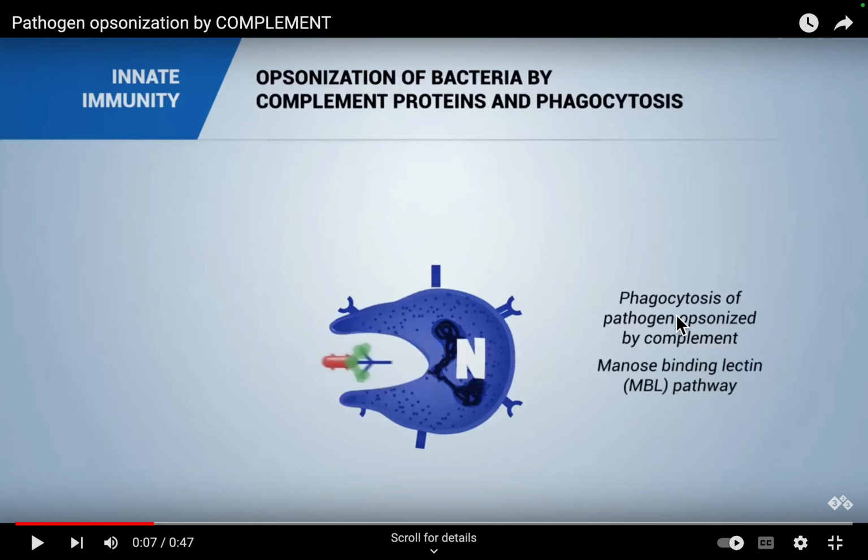So see, phagocytosis of pathogen opsonized by complement system. Basically, one phagocytic cell can phagocytose different pathogens. But if those pathogens are previously recognized by the complement system, and the complement system helps in recognizing the pathogen further to those phagocytic cells, this process gets enhanced.